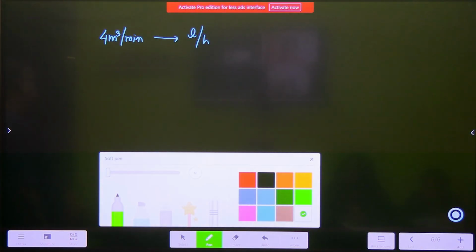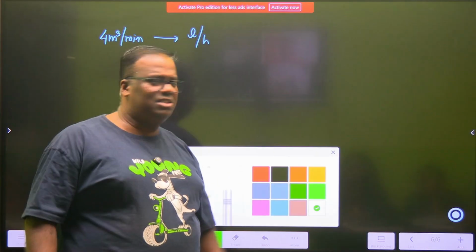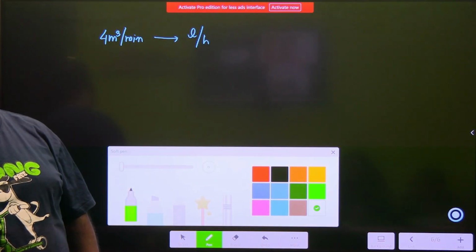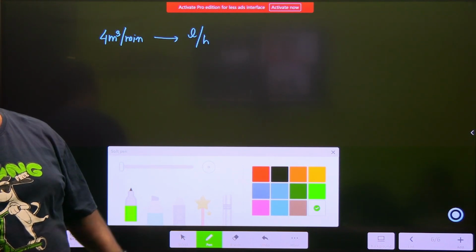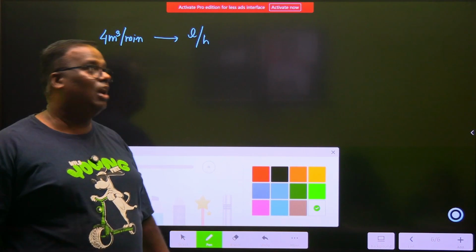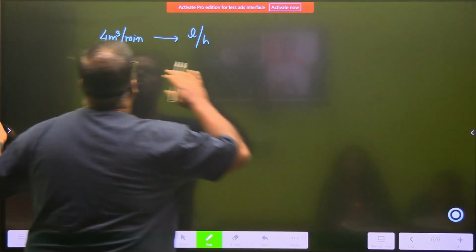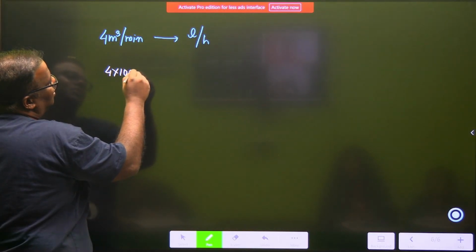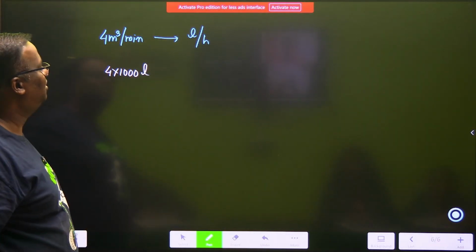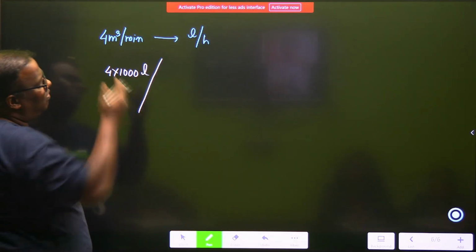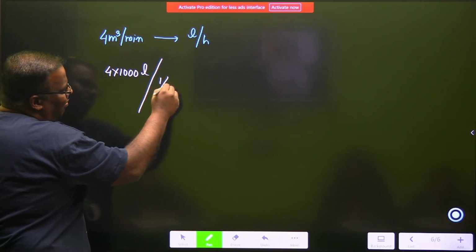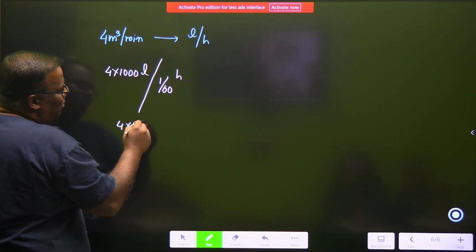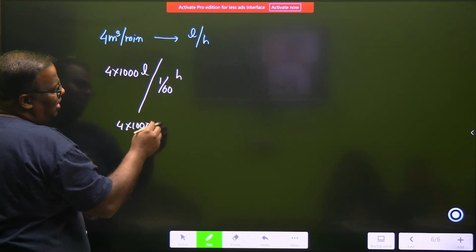Okay, Sarvesh, how many water bottles fit in one meter cube tank? 1000. So let's go by that. 4 मीटर क्यूब में हम कितना डाल सकते हैं? ये लीटर में हो गया भाई साहब। और मिनट को घंटे में करना, क्या बात है? मिनट को घंटे में कर दो। 4 into 1000, then what do you add?